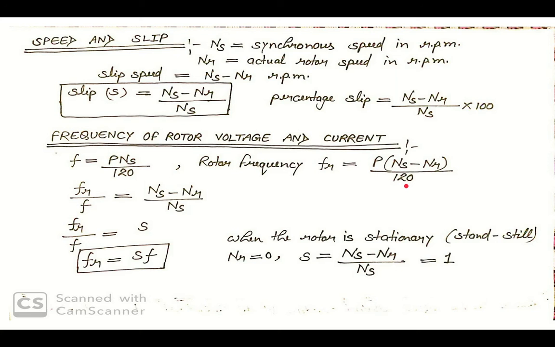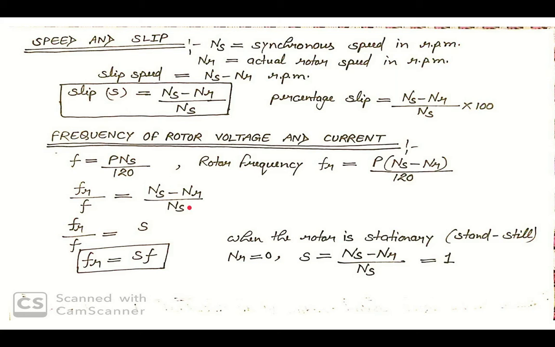If we divide this equation by this equation, we get fr upon f, and on the right hand side we also divide this factor by this factor, so we get (ns minus nr) upon ns, and you know very well that (ns minus nr) upon ns means your slip.